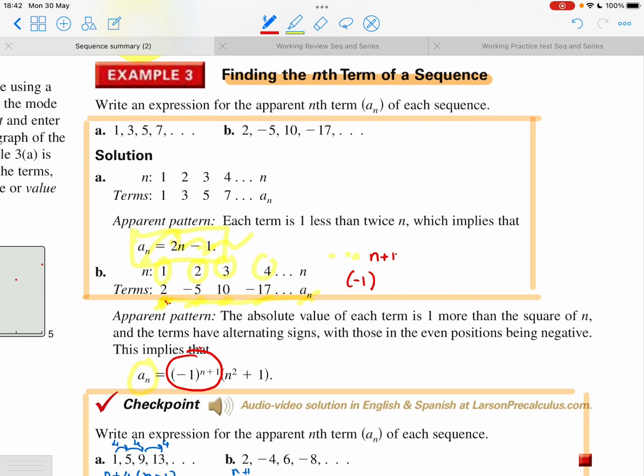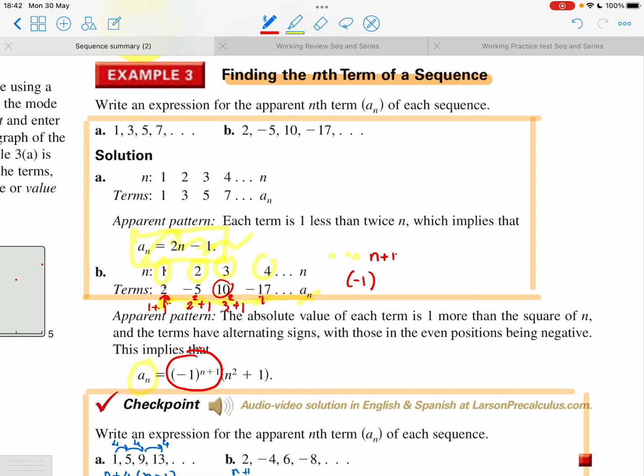And then you've got to find the other terms, so we just look at this. 2 is 1 squared plus 1, and then 5 is 2 squared plus 1, 10 is 3 squared plus 1.